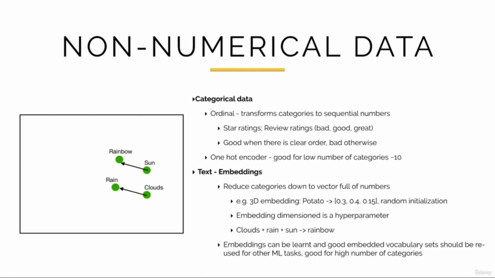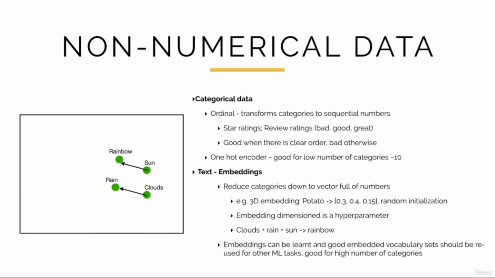Now, this is very often used for text, which is why we're also going to be looking at it from the text part of the non-numerical data, but embeddings is something that you can do for categories as well as text. And the idea here is that you take a value and you instead transform that to a set of numerical values.